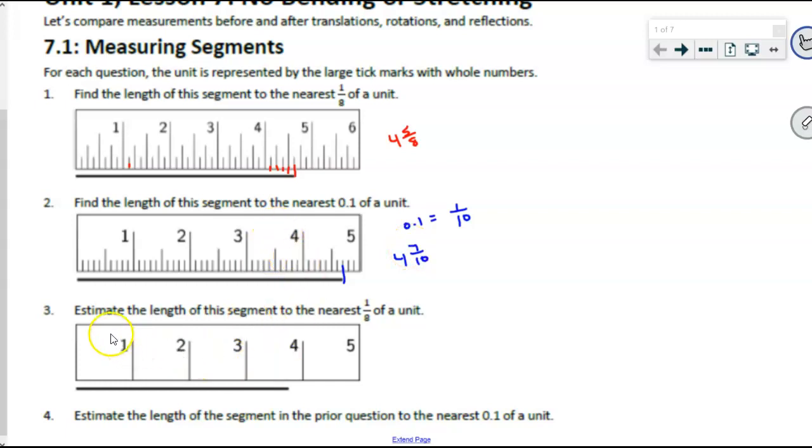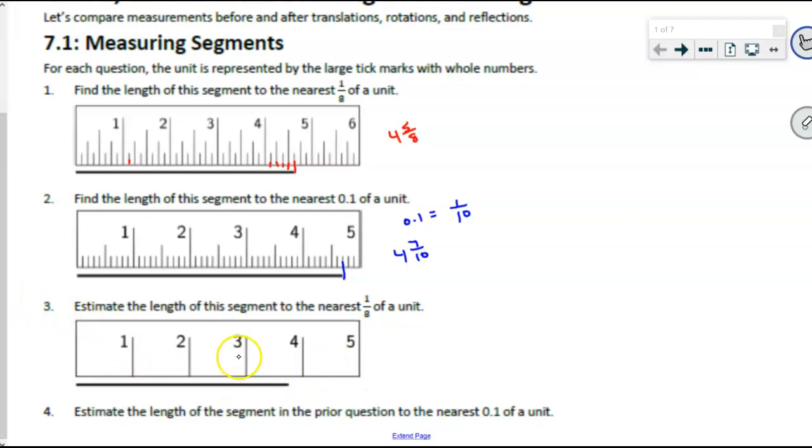And now let's take a look at the last one. We're going to estimate the length of this segment to the nearest 1/8 of a unit, which means it is now no longer marked, but I still need to follow that process. That means I'm going to break up this section into 8 pieces, just like it was up here. If I were to go straight down the middle there, that would be halfway through.